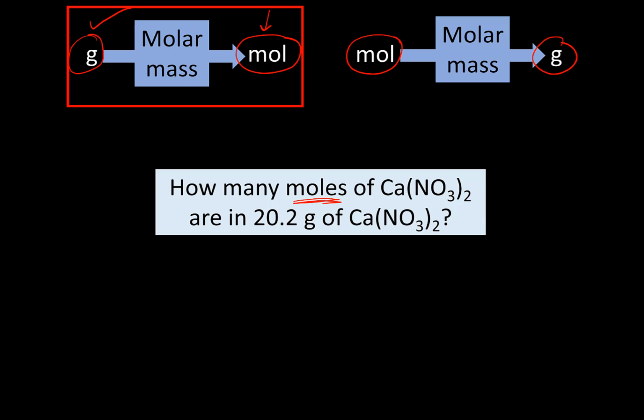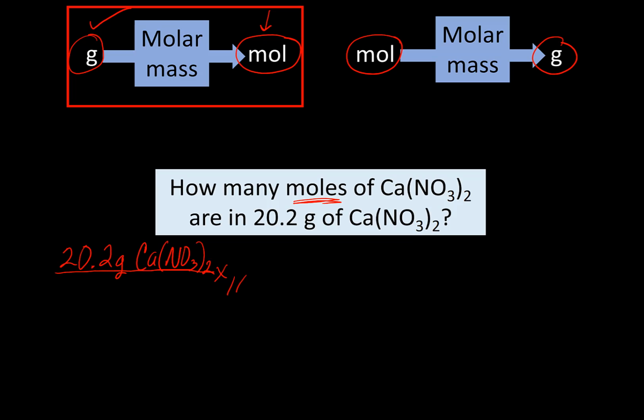So whenever you write out these calculations, you always just start with what you know and think about where you want to get. So I know I have 20.2 grams of calcium nitrate. And I can use my molar mass to get to moles simply by dividing by molar mass.